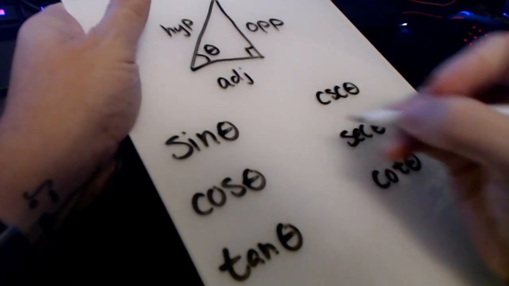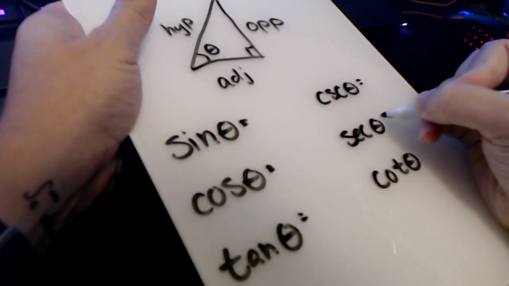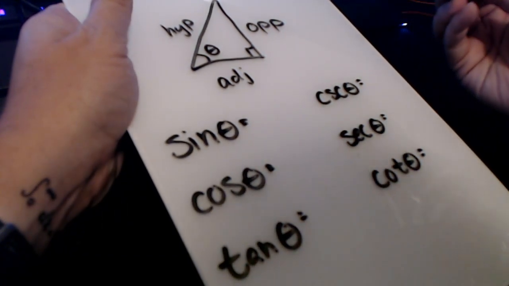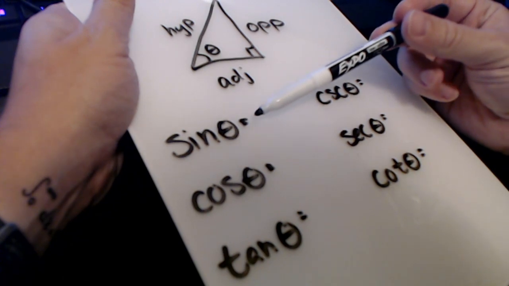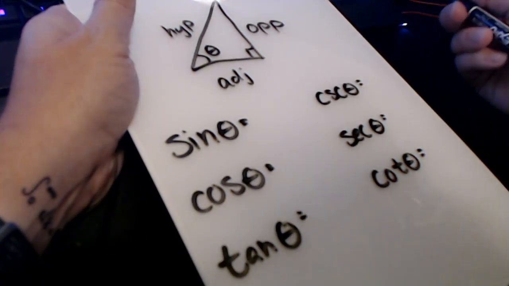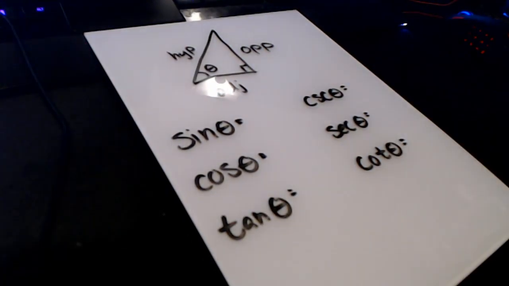I always write them out this way. That way they're in the same order and directly across as their reciprocal. Because when you first go through and learn about trig, there's a lot of people that will get confused and they'll think the two S's go together and these two C's go together, which isn't the case. So you always want to take your time and pay attention to which thing you're looking at.